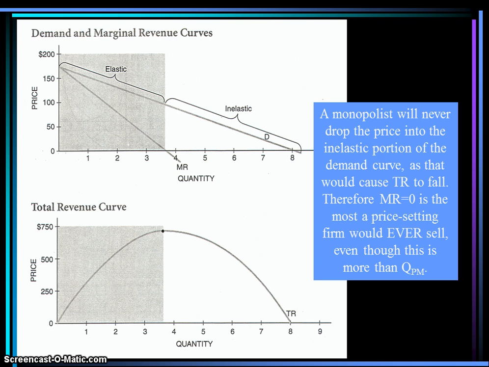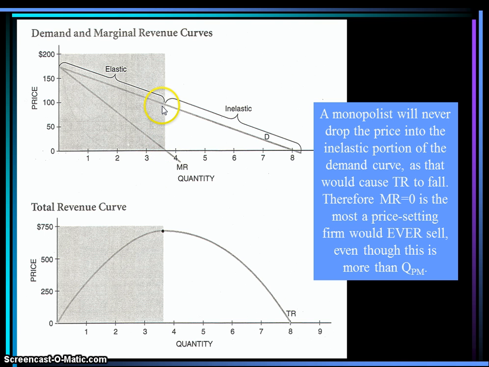A monopolist is never going to drop the price into the inelastic portion of the demand curve for the product, because that would cause their total revenue to fall. So think back to learning about elasticity. And so therefore, when marginal revenue equals 0, which is right here in this top graph, that is the most that a price-setting firm would ever choose to sell.